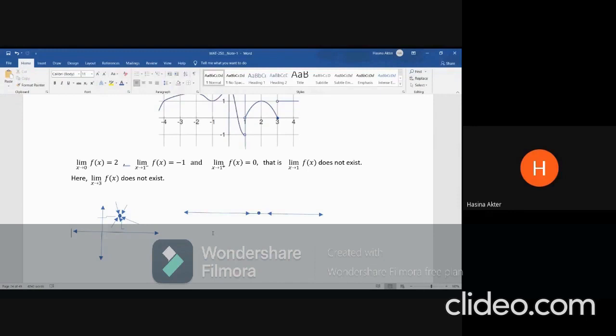So we need to apply some trick. But if I want to say that the limit does not exist, then I can just show two different directions where we have different limits, and that's it. We can say that from this direction and that direction, the limits are not the same, so the limit does not exist. Do you understand my point?